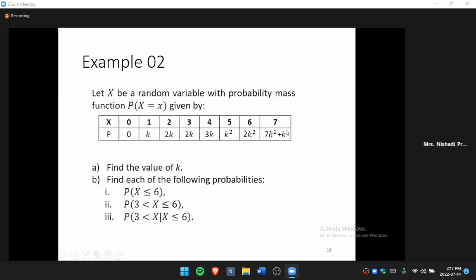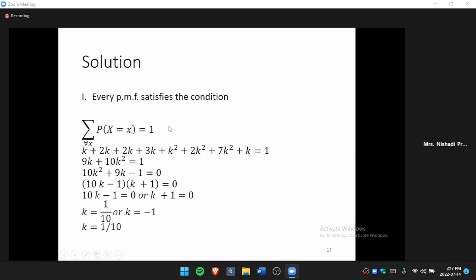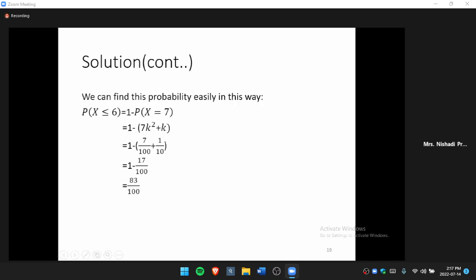But if you subtract the probability of x equals 7 from 1, that gives the probability when x is less than or equal to 6. Here I have given you that method as well. We can find this probability easily in this way.